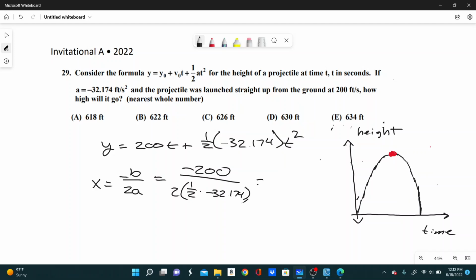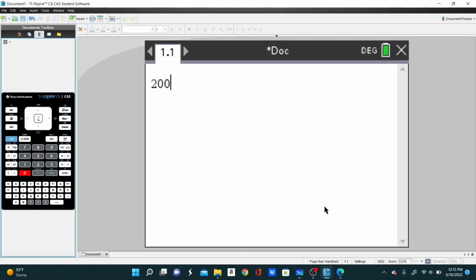Let's simplify: on top we have negative 200, and in the denominator the 2 times 1/2 cancels out, so we just have negative 32.174. If we do this division, 200 divided by 32.174, we get a time of 6.216 seconds.